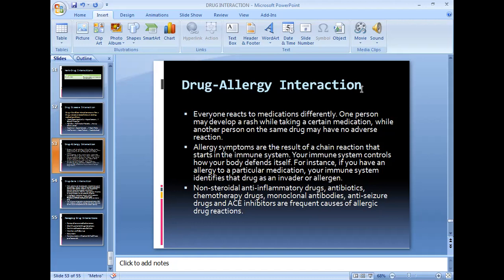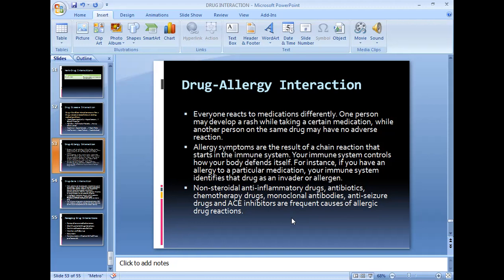But it is the immune response towards that drug, which is specific to some individuals who are allergic to some drug. So a drug can also produce this interaction with an allergic patient. Drugs which have more chances to produce drug-allergy interaction include non-steroidal anti-inflammatory drugs, antibiotics, chemotherapy drugs, monoclonal antibodies, anti-seizure drugs, and ACE inhibitors.